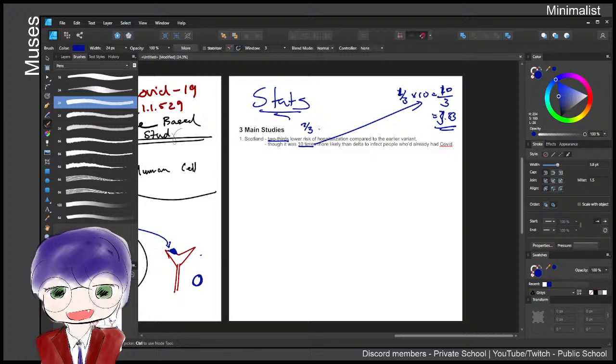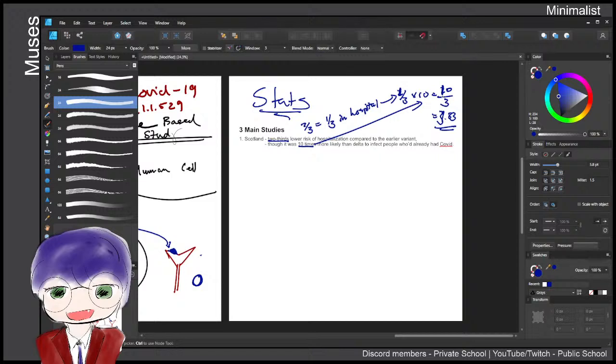Right, so we have the 10 from here, and 2/3 lower risk means 1/3 in hospital. There we go, and that's why we get to 1/3 now, and that's why we get to 10 over 3, therefore 3.33, right?